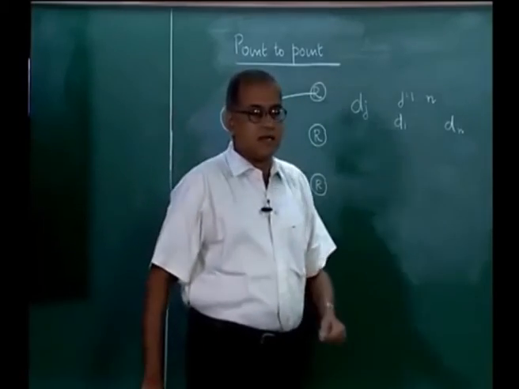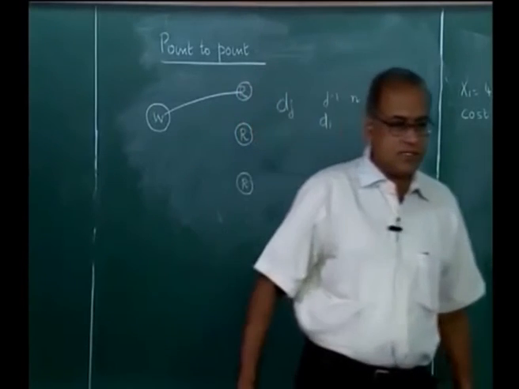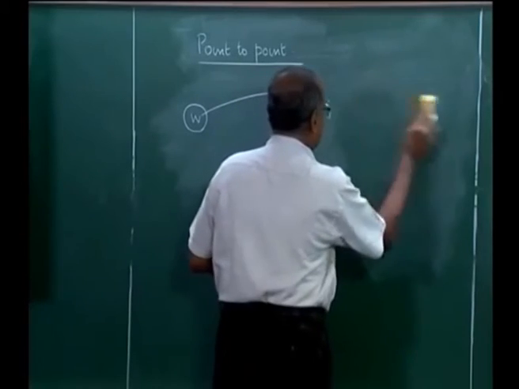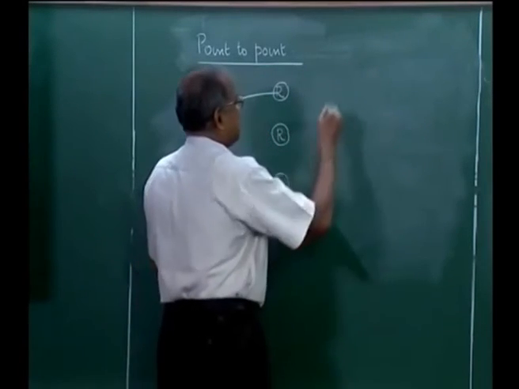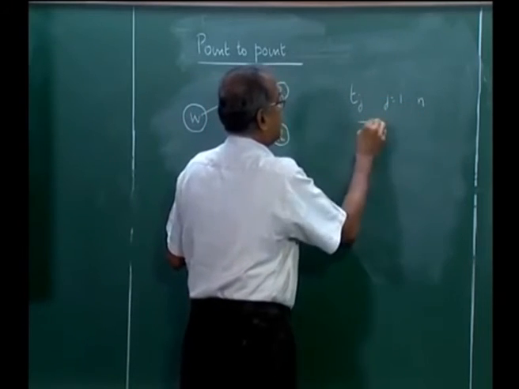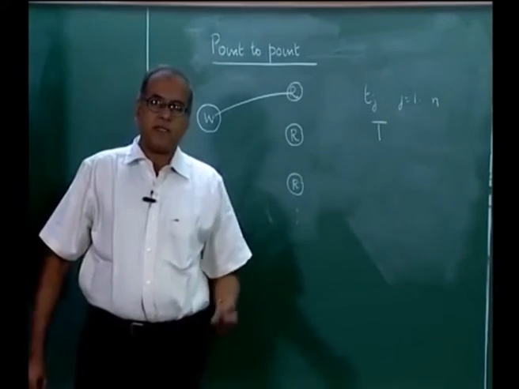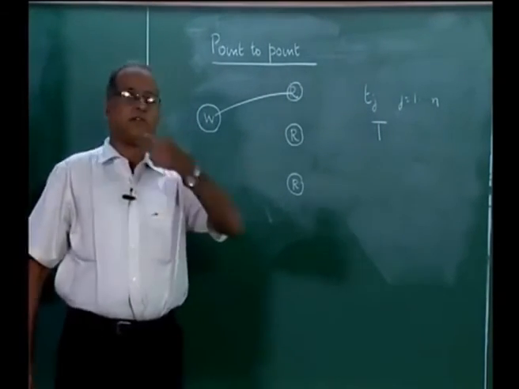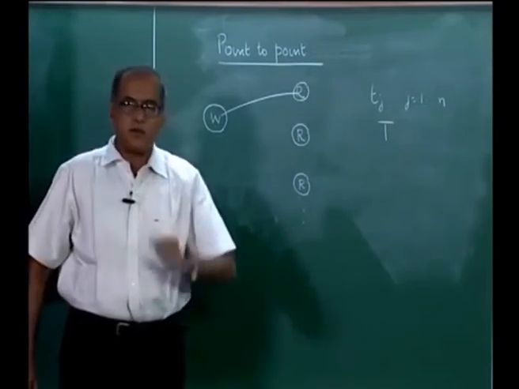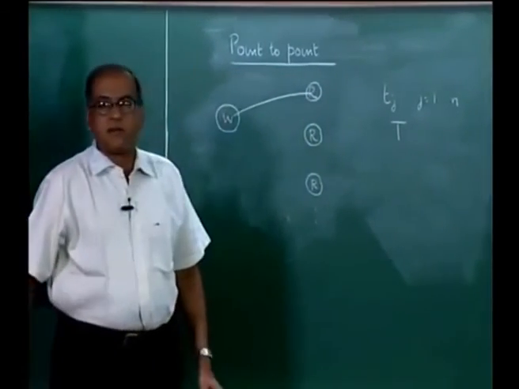Now, using this notation, we would call this time t1 to tn. Instead of distance, we call them time tj, j equal to 1 to n, and the truck is available only for a time of capital T. Then the question is, how many trips should this truck take, or how many trucks do I need such that I meet the demand of all of these t1 to tn.